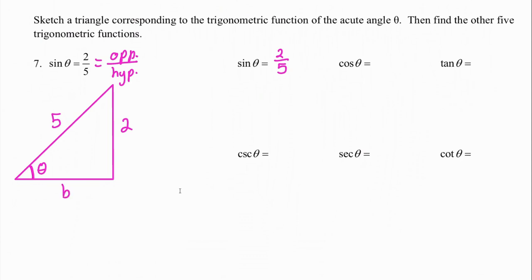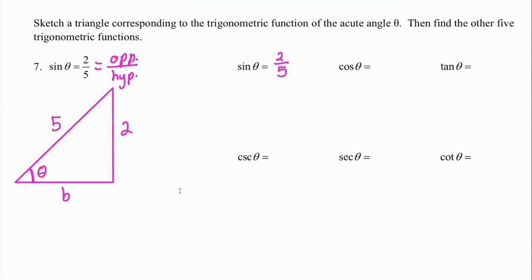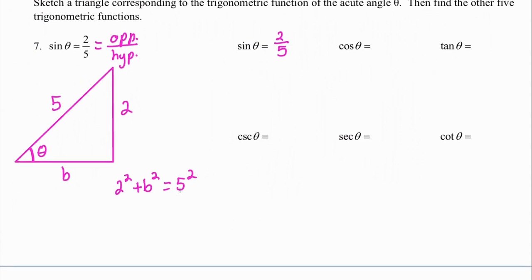And again, we're going to do the Pythagorean theorem. So we're going to say 2 squared plus b squared equals 5 squared. So we'll get 2 squared is 4 plus b squared equals 25. We'll subtract 4 from both sides, so we'll get that b squared is equal to 21.